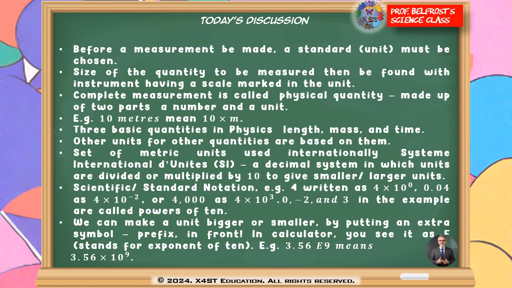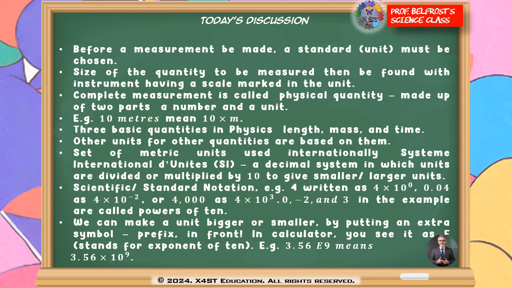For example, the measurement of 1 meter will be different from the measurement of 1 centimeter, though both of them have the number 1, but the units are different. The first one is meter and the second one is centimeter, and of course it means a different size of measurement.